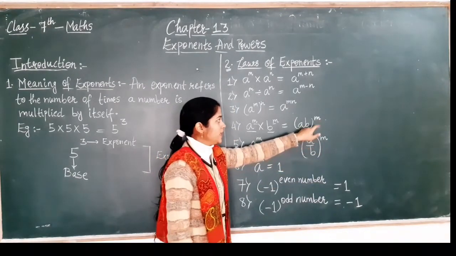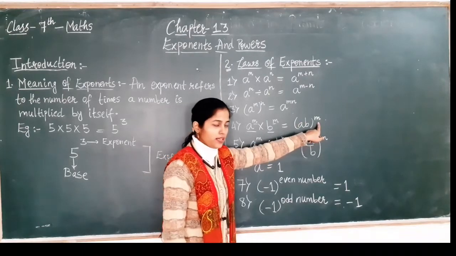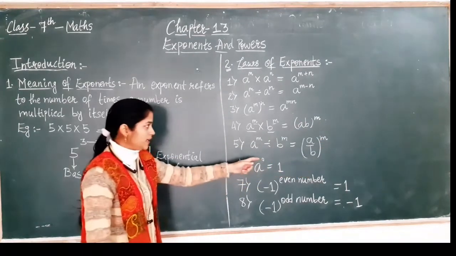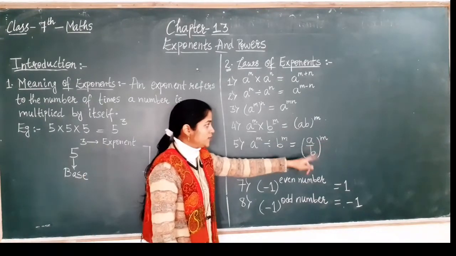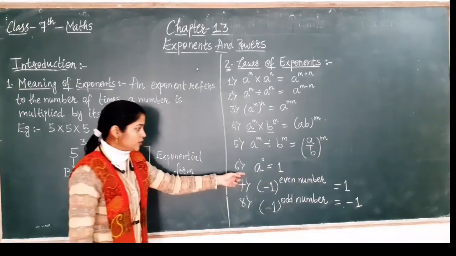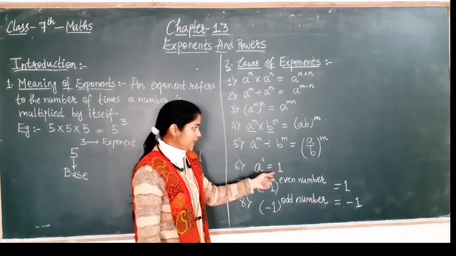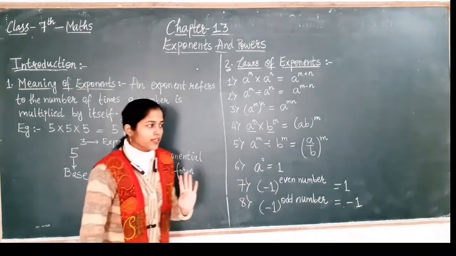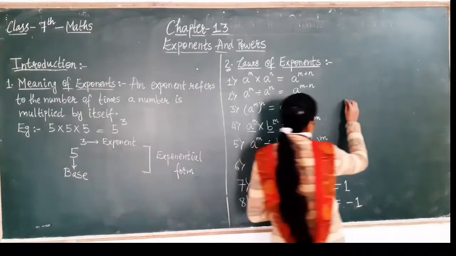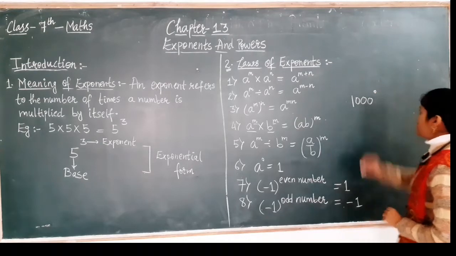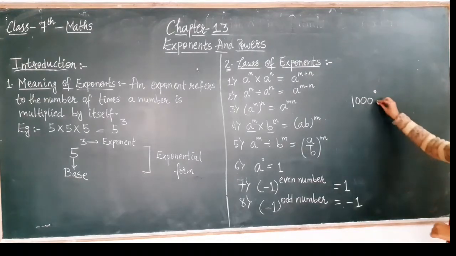The sixth law says if a is raised to the power 0, then the product will always be 1. For example, if we take 1000 to the power 0, our answer would always be 1.